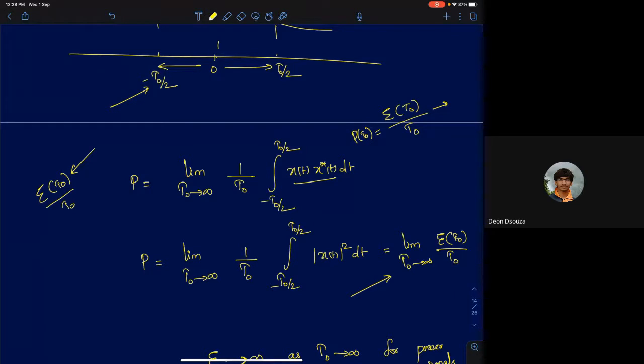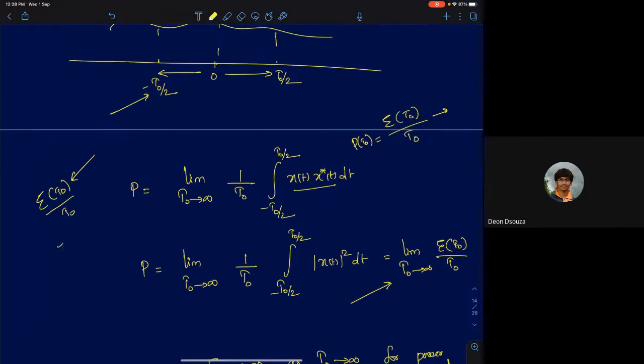Remember, I want the ratio to be a constant. Then what kind of dependence should E of T naught have? Proportional to T naught. If E of T naught is proportional to T naught, then the ratio of E of T naught by T naught will be a constant. So power signals are those signals whose energy will keep increasing as you increase the interval of integration.